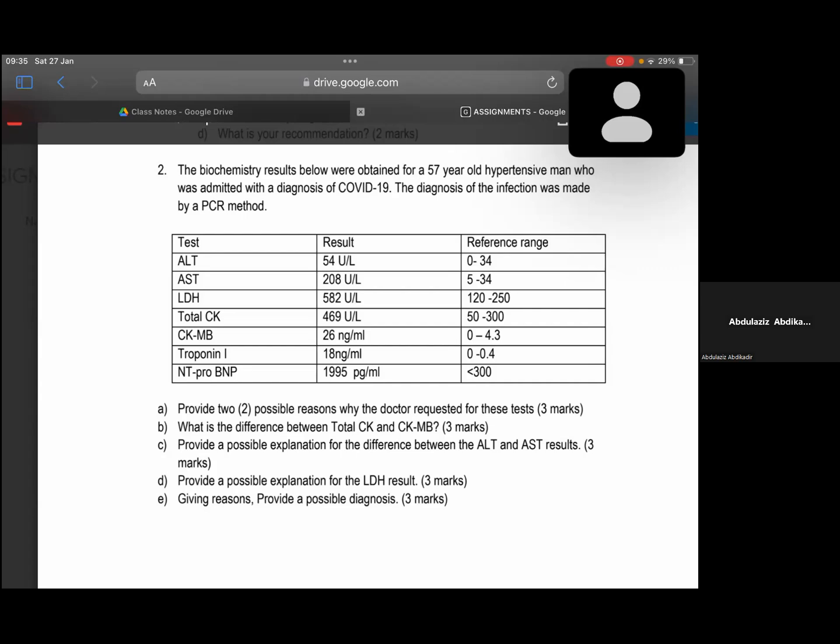Okay, so describe the second one. What was the difference between CK and CKMB? I told you of this difference. You can just type in the chat box. It's simple questions, this one that you have covered before.